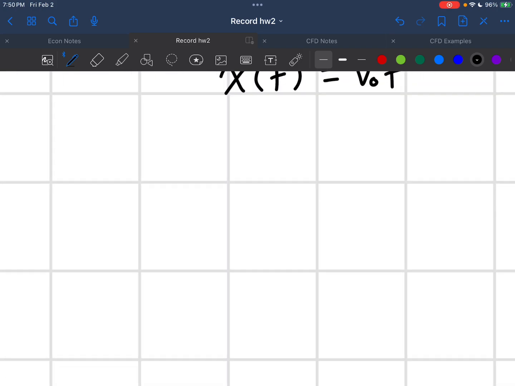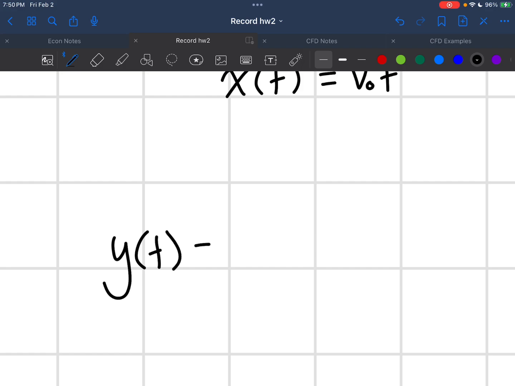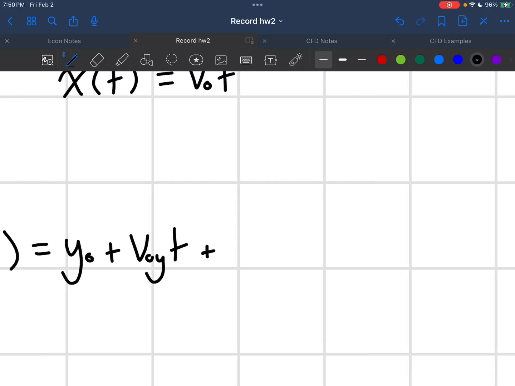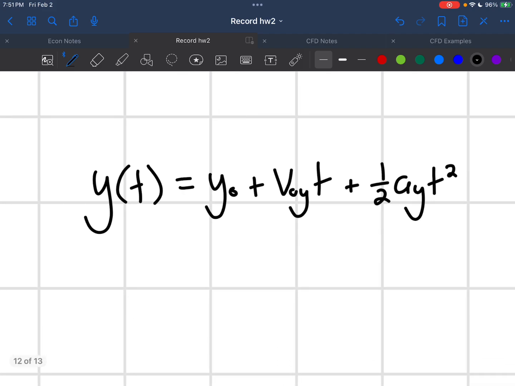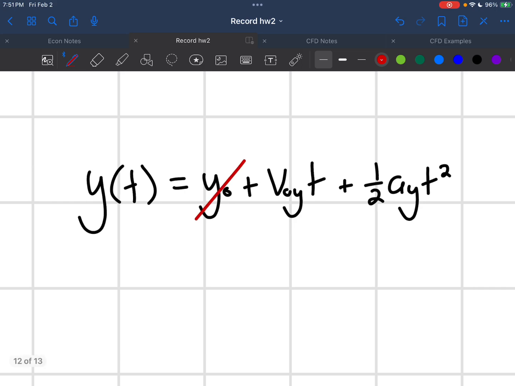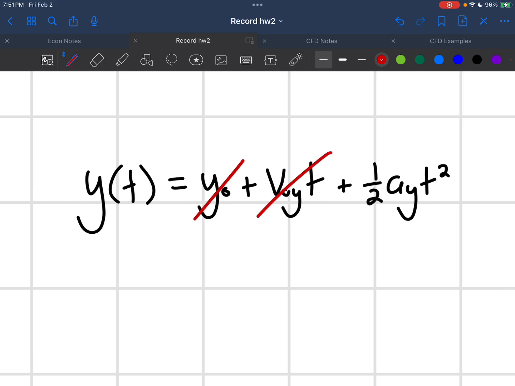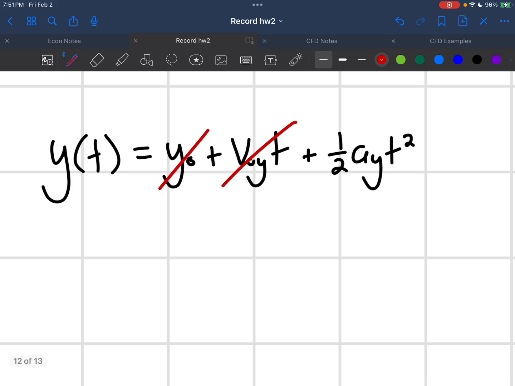And then for my y of t equation, y of t is y0 plus v0 y t plus 1/2 ay t squared. And again, I said y0 was 0. I also said that my v0 y was 0. And I knew my acceleration was positive g.